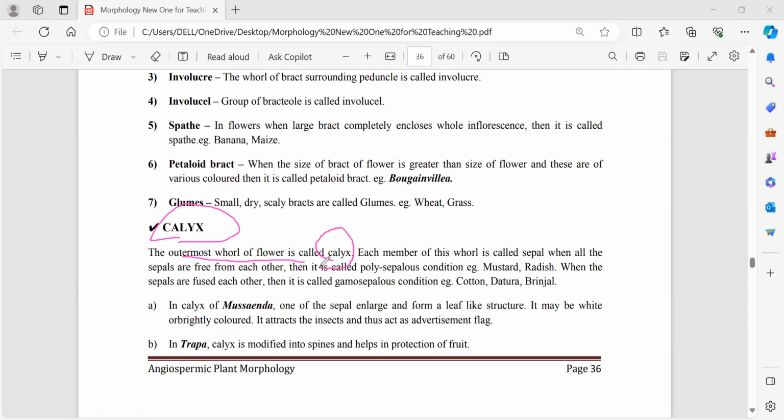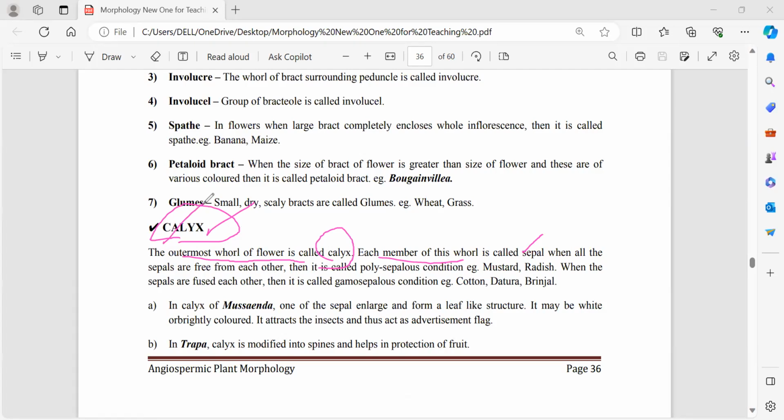With respect to the sex of the flower, the calyx is not an essential whorl. It is involved in reproduction indirectly, not directly. Each member of this whorl is called a sepal, and it is the outermost whorl of the flower.